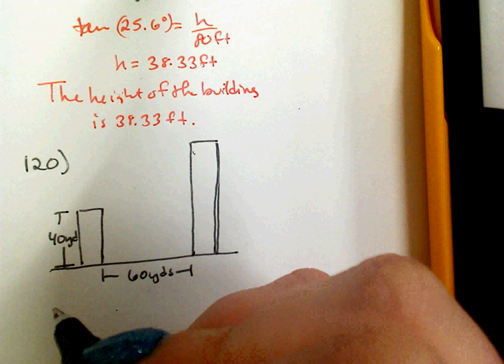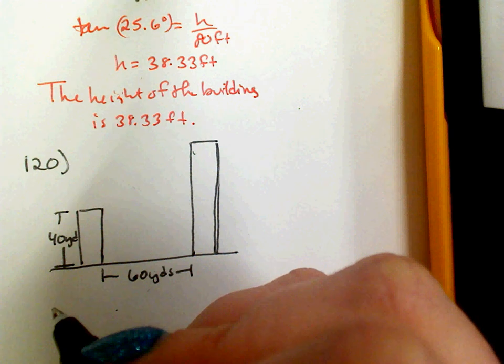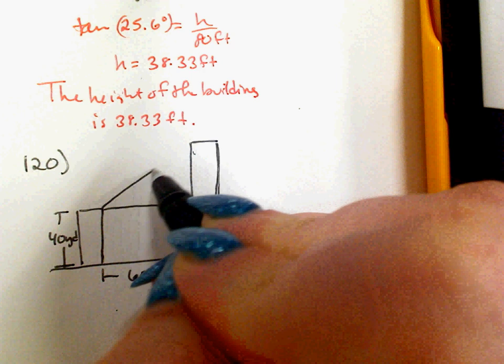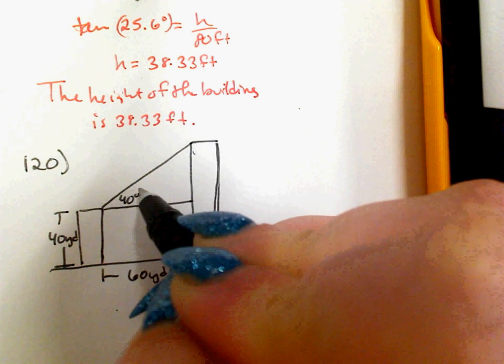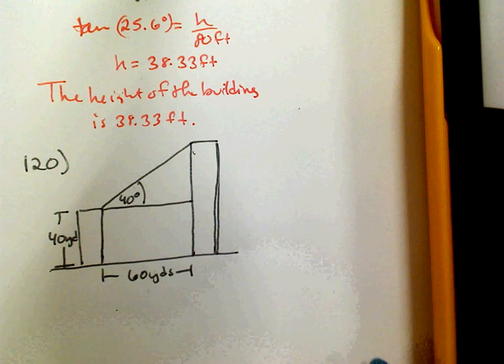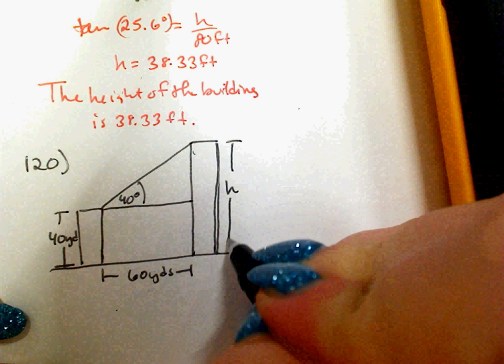And from its roof, the angle of elevation from the edge of the roof of the shorter building to the edge of the roof of the taller building is 40 degrees. So this angle of elevation right here is 40 degrees. The question is, find the height of the taller building to the nearest yard.